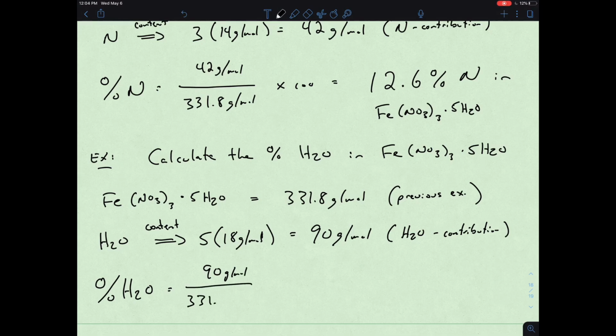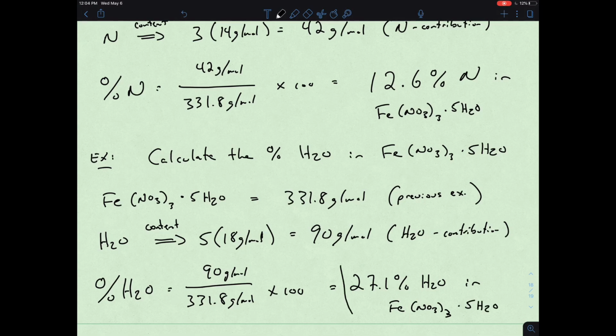Dividing the contribution by the total, multiplying by 100, and we end up with 27.1% of H2O in that ferric nitrate pentahydrate molecule.